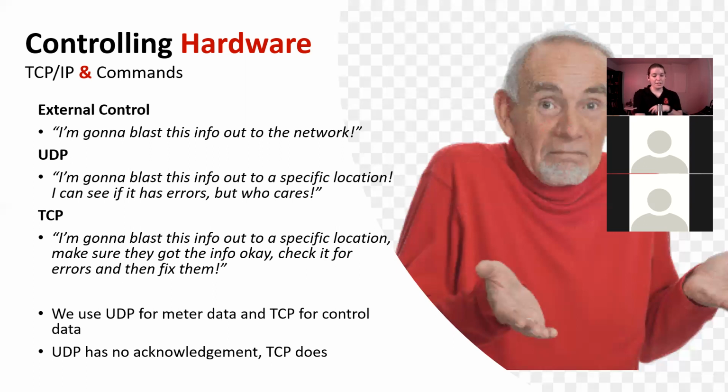And finally, UDP has no acknowledgement of anything actually happening, and TCP does. So if your data is very important and you need to make sure that things are coming and going accurately, TCP is what we want to use. If I'm using a DLive surface and I'm communicating with my mix rack, I would really prefer to make sure that every single thing I'm doing is confirmed and correct.